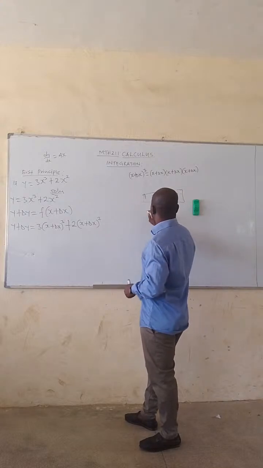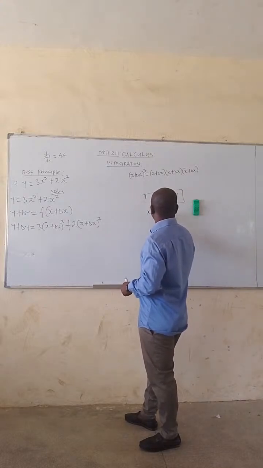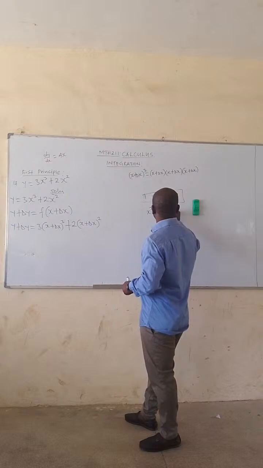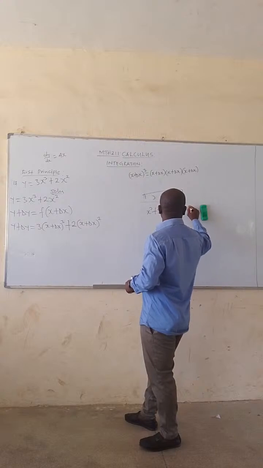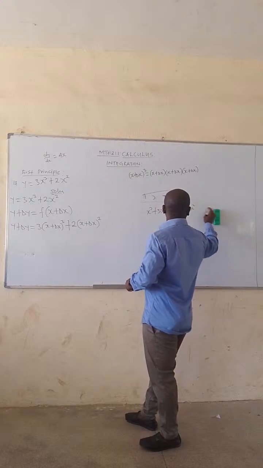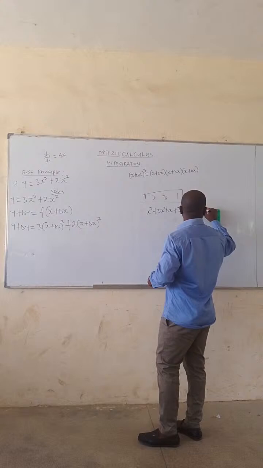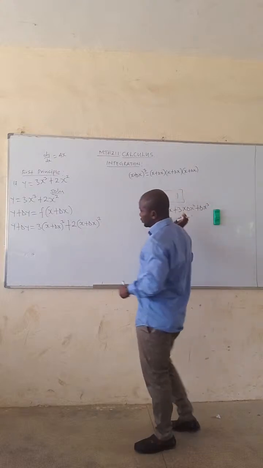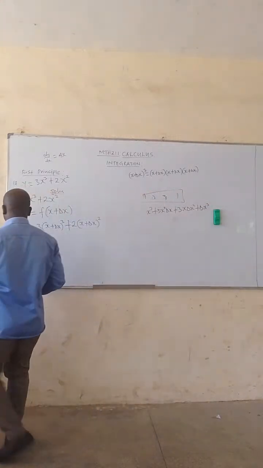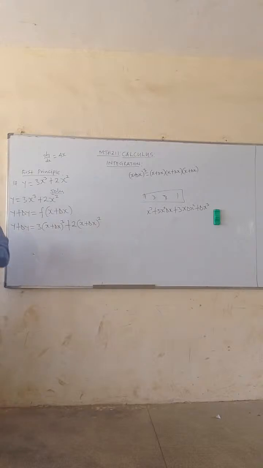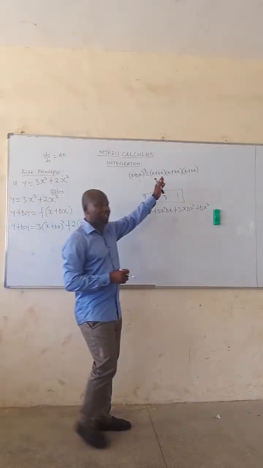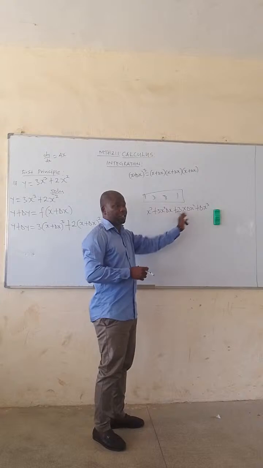So our answer is x cubed plus 3x squared dx plus 3x dx squared plus dx cubed. This is what we are supposed to have if we apply Pascal's theorem. But if you have the time to expand it, you still get this.